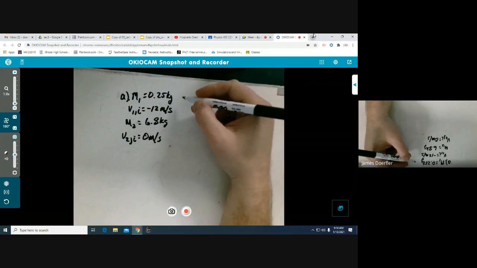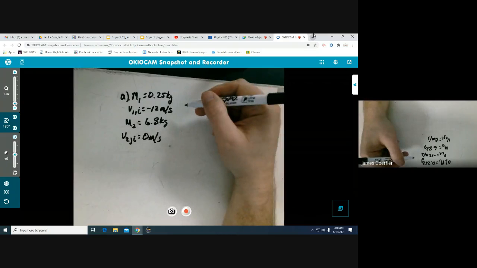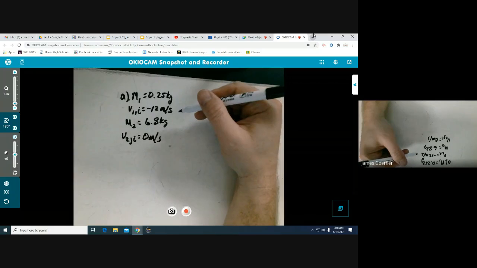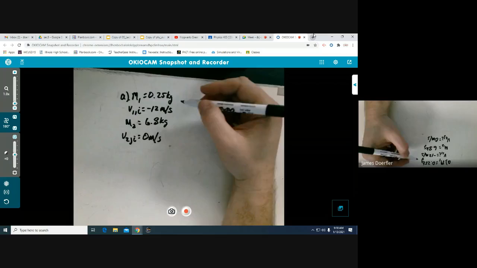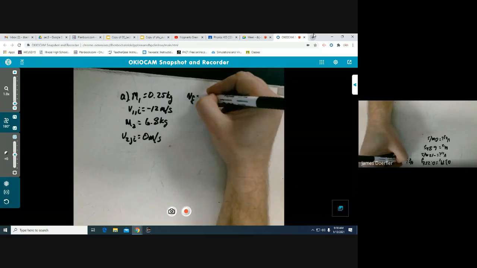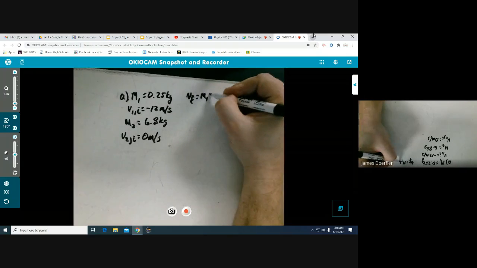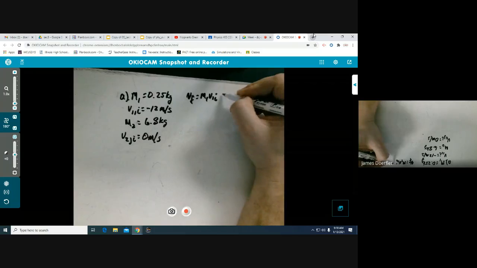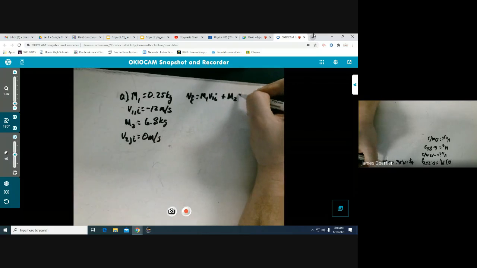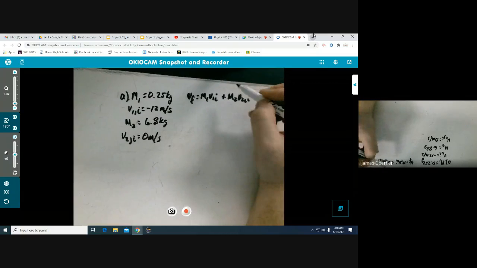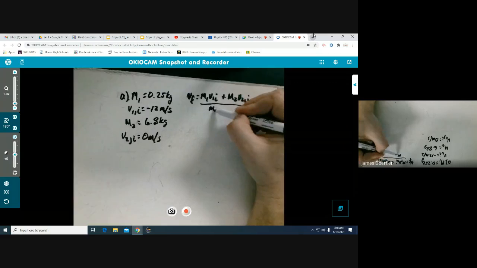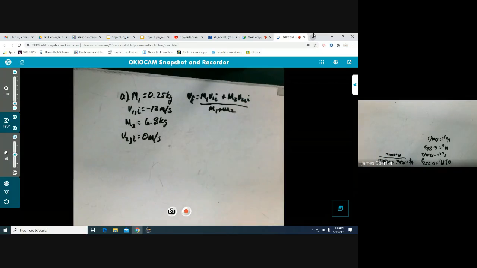So first thing is we need to calculate the final velocity of these two objects as they collide. So we're going to have Vf is equal to m1v1i plus m2v2i divided by m1 plus m2.